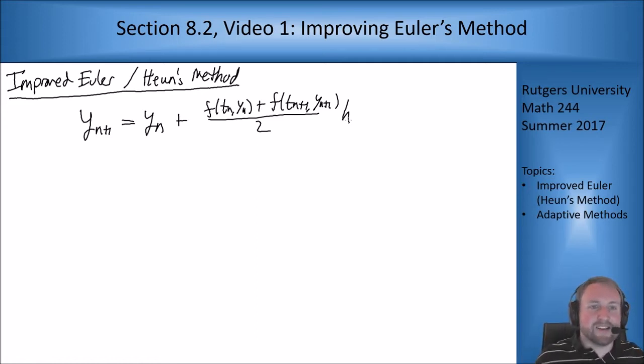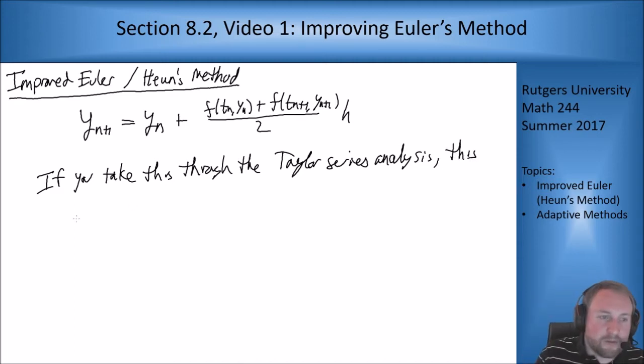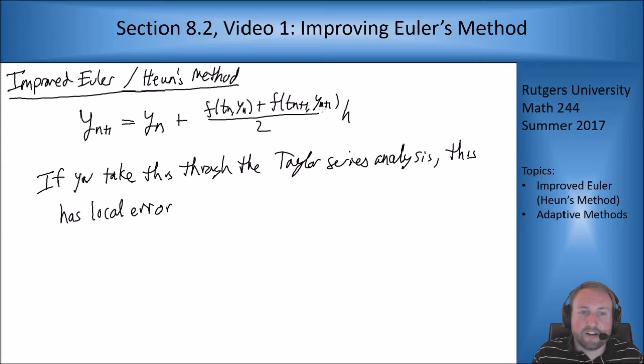Now, if you take this and go through the Taylor series work we did last time, you'll find that it has local error of order h cubed. Because you have both t_n and t_{n+1} playing with each other, the h squared term ends up canceling out.